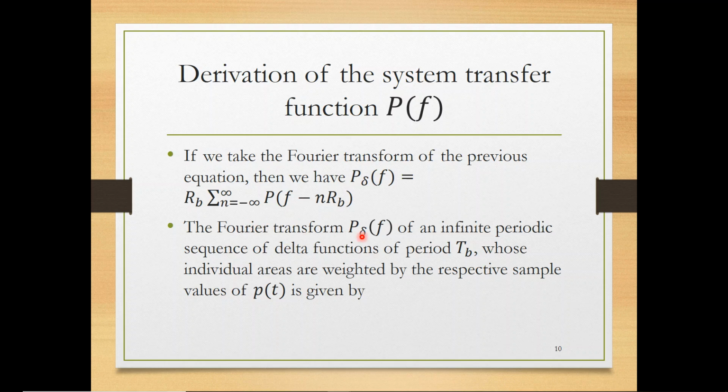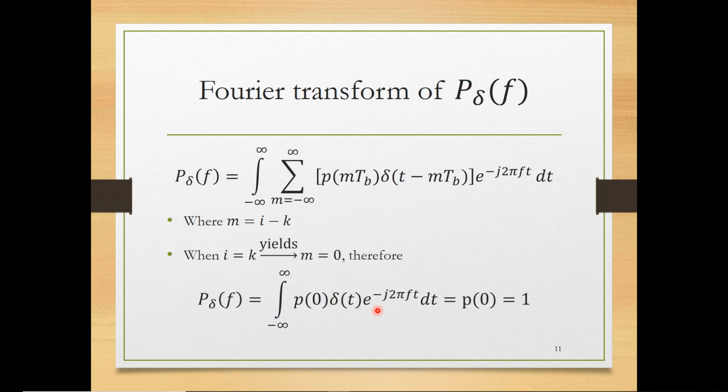The Fourier transform P_δ(f) of an infinite periodic sequence of delta functions of period T_b, whose individual areas are weighted by the respective sample values of p(t), is given by the following equation.